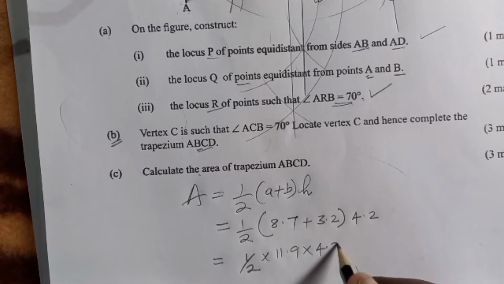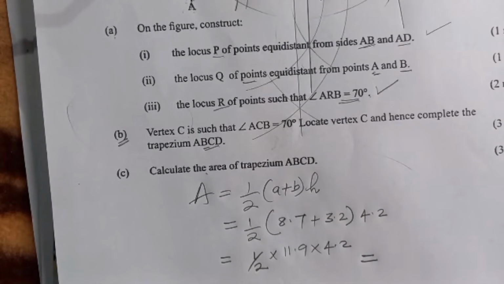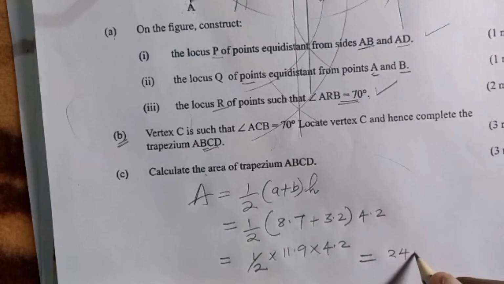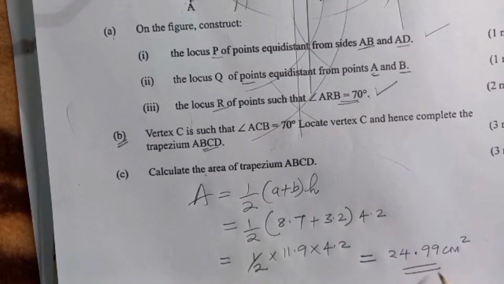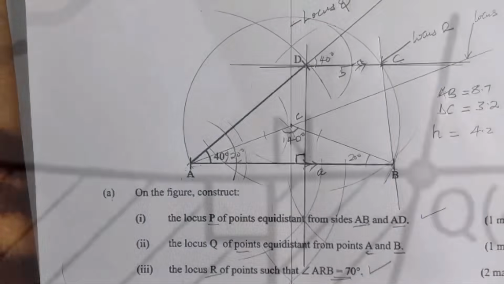Then times 4.2. And when you work this out, just take 11.9 times 4.2. Then we divide by 2. This will give 24.99 centimeters squared. So that is how you're supposed to solve that question.